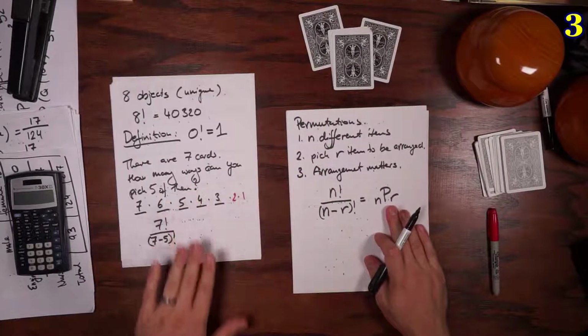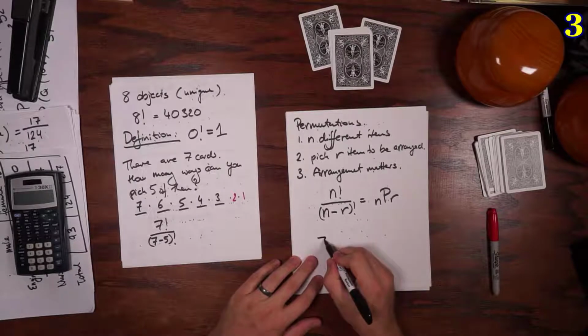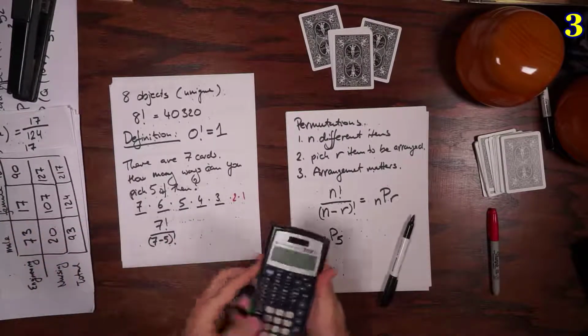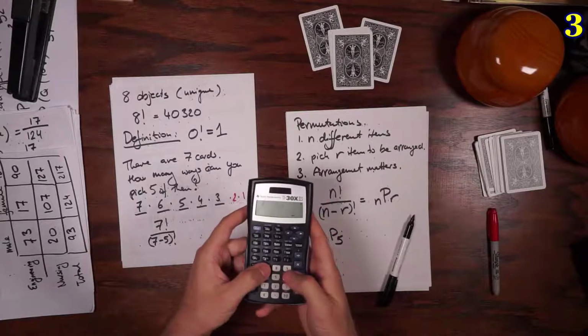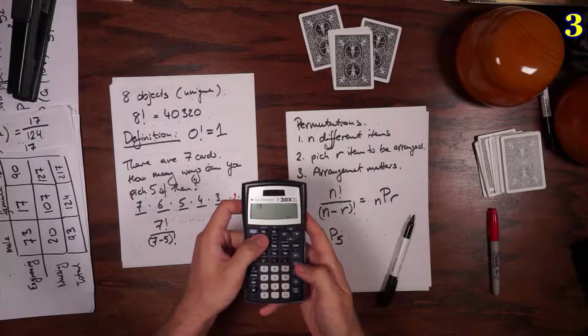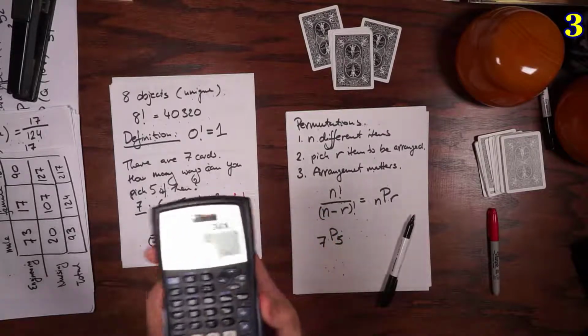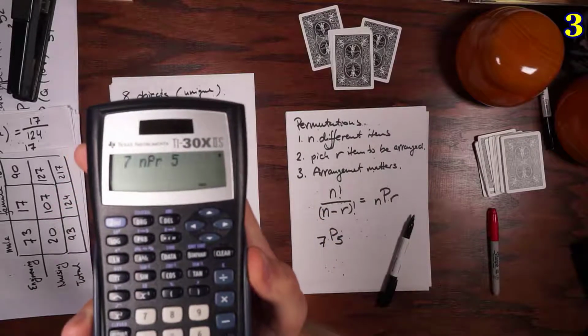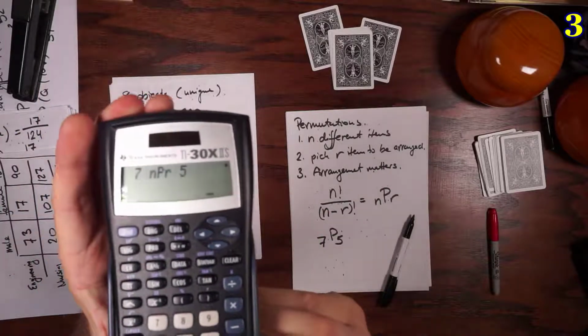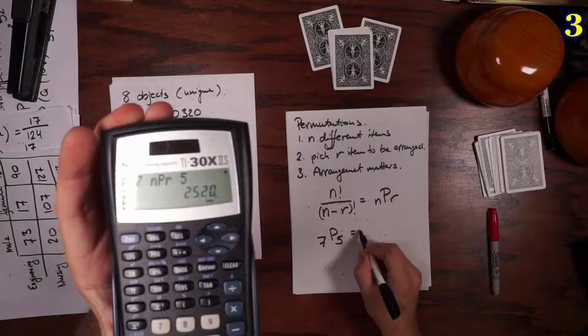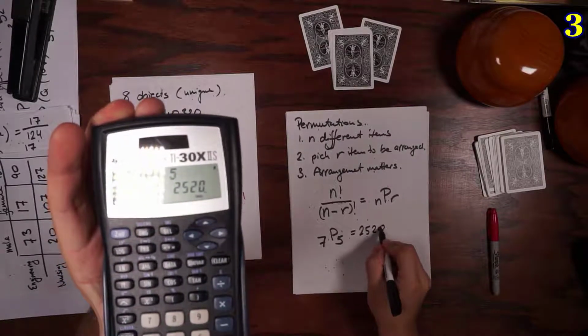Alright, so how do we deal with this? Well, we say 7P5. In our case, that would look like 7, probability, press enter, 5. And then that comes out to be 2520.